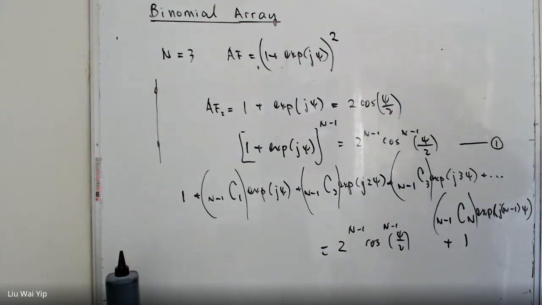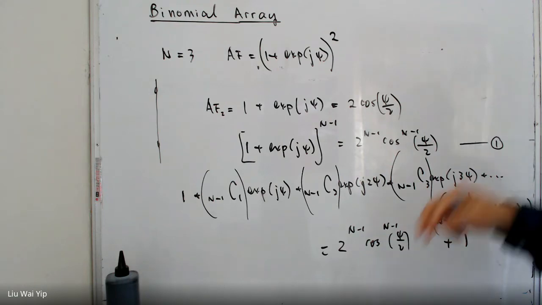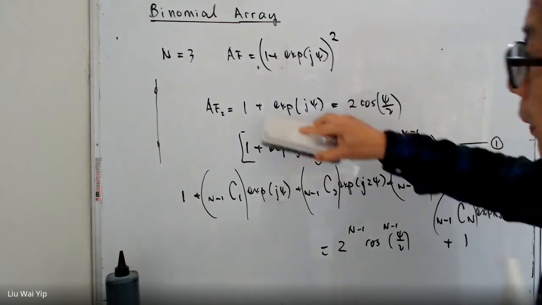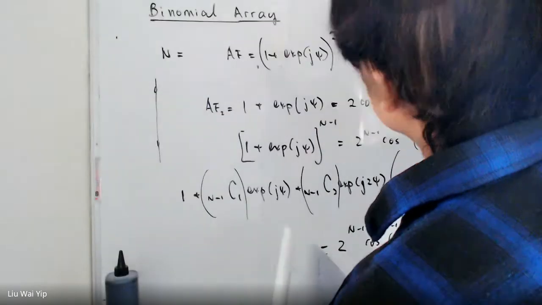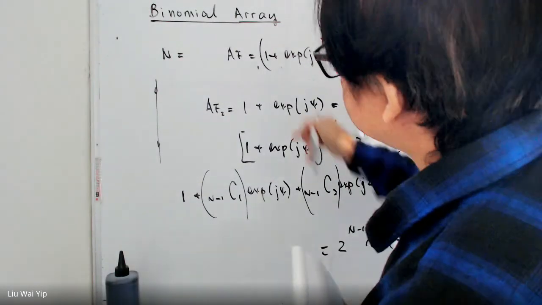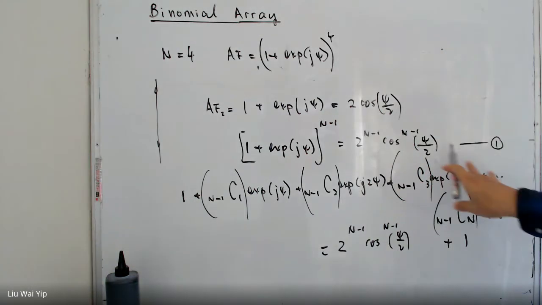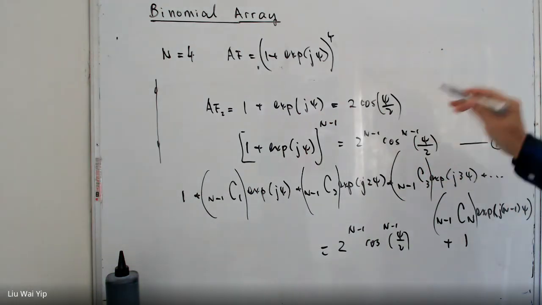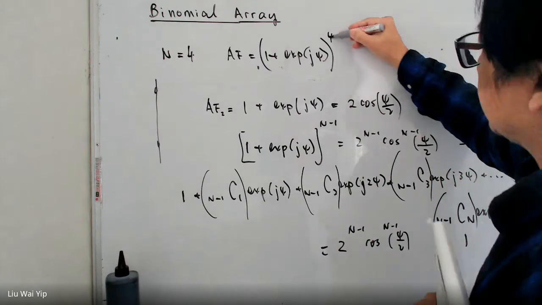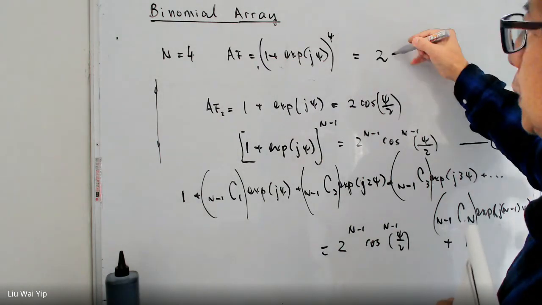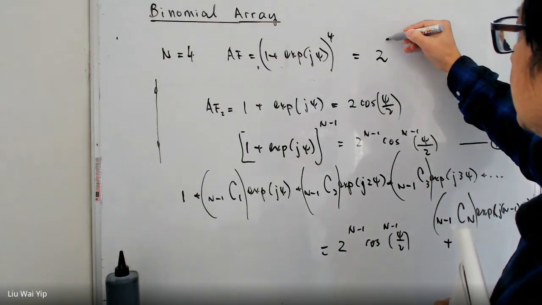Is it going to be good enough? Let me see. Maybe 4 is better. Let's see, 4. And the left side and the right side of the equation is going to be 2 and then 4 minus 1, which is 3.